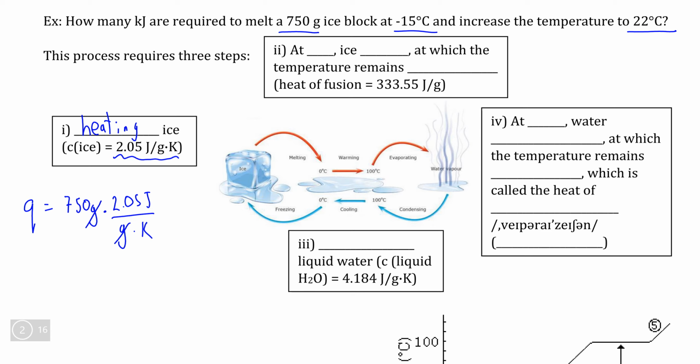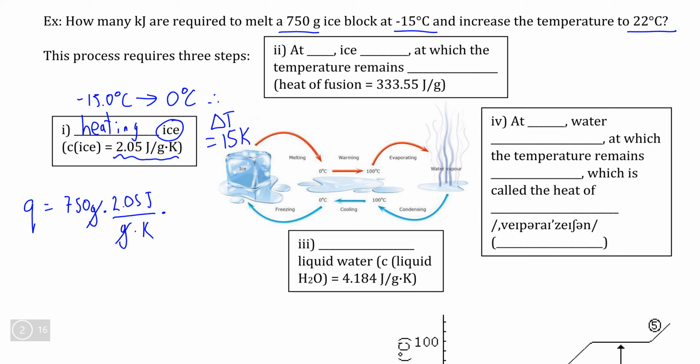And here, the careful thing we need to be aware of is that because ice has a different specific heat capacity than water does, we need to pay attention to the range of temperature that this block exists as ice, which is going to be negative 15 degrees Celsius up until 0 degrees Celsius. So therefore, we can conclude that our delta T is going to be 15 degrees Kelvin, because that's the range of temperature increase as long as we are dealing with solid ice.